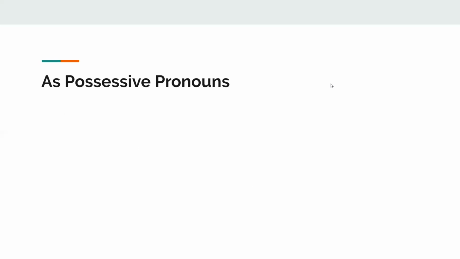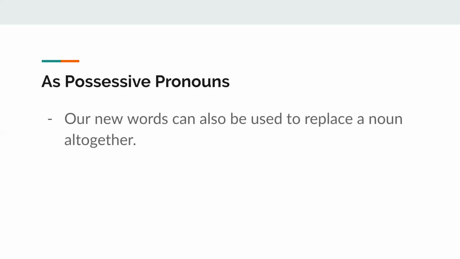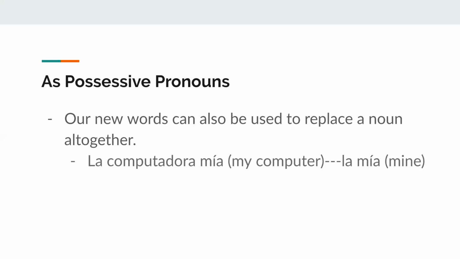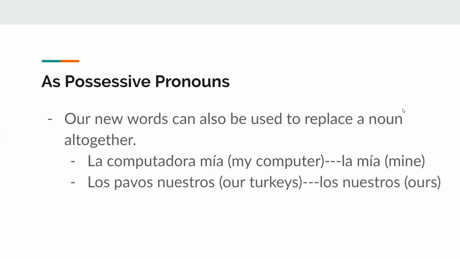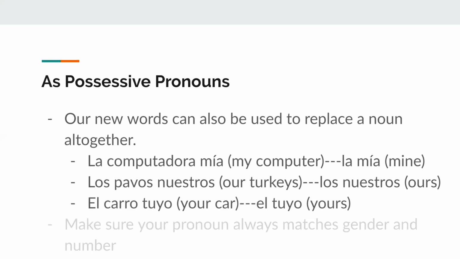Last thing with this concept is that our new words, our new chart that we learned, can also be used to replace a noun altogether. For example, you could say la computadora mía, meaning my computer, or you could just say la mía, and that means mine. Los pavos nuestros would be our turkeys, or you could just say los nuestros, meaning ours.